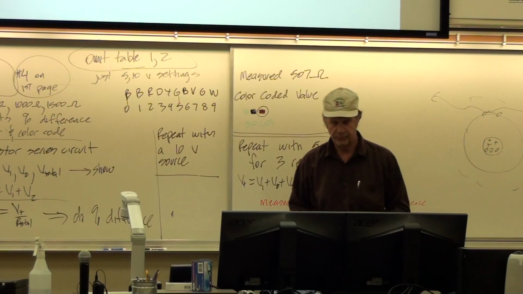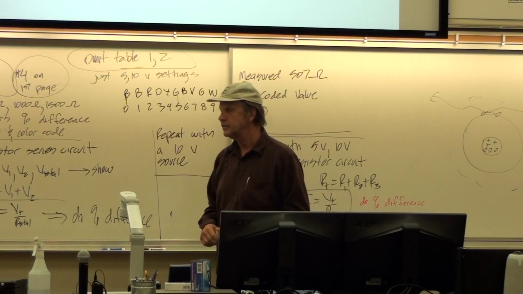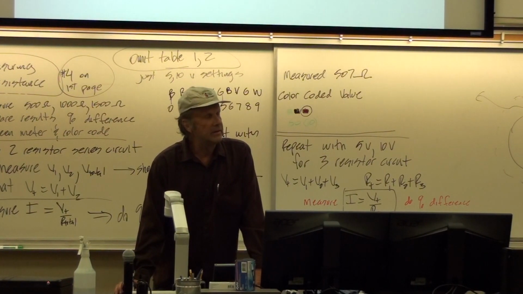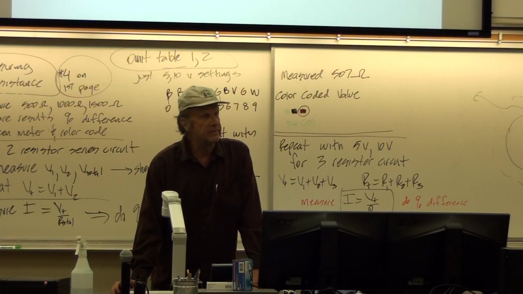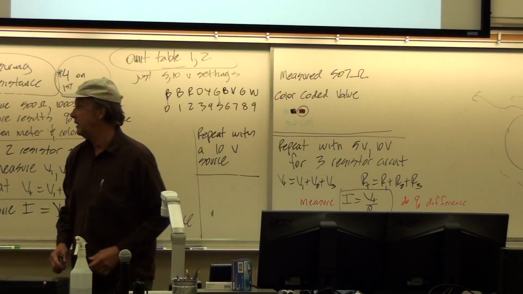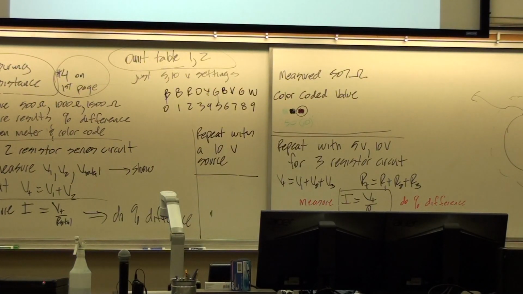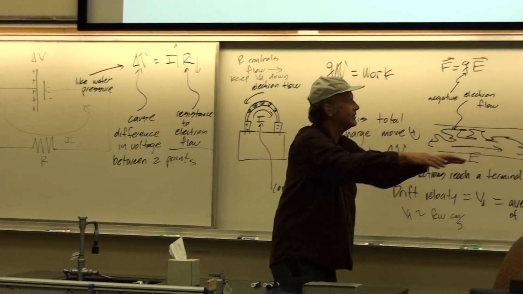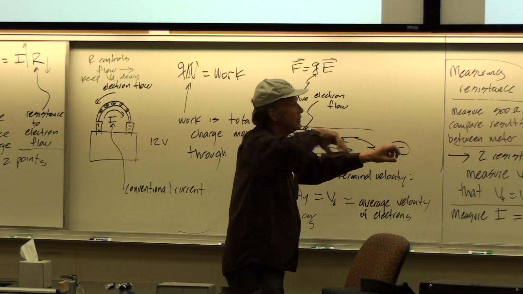Gotcha. Thank you. Yeah, and so the whole study of that is pretty extensive, and that's called solid-state physics. But it gets into things like the Fermi energy and what it takes to get electrons moving through.